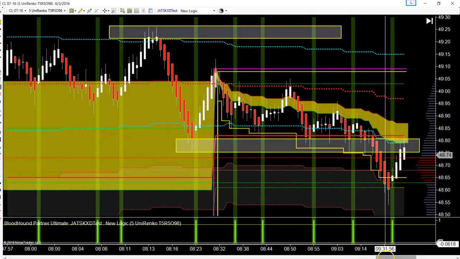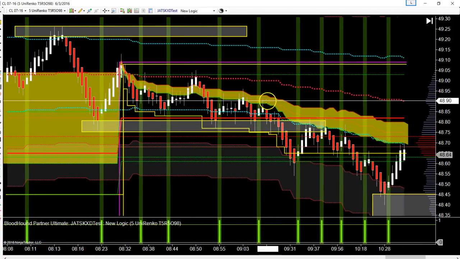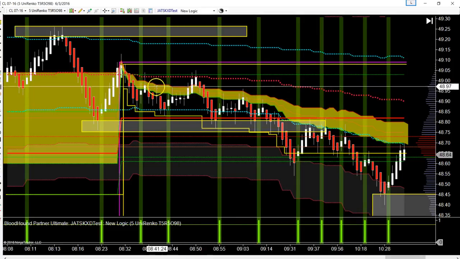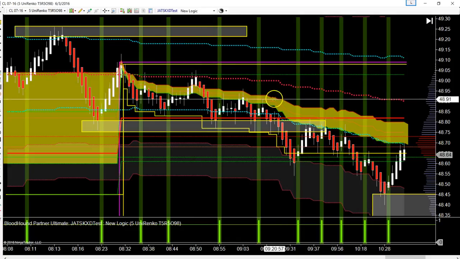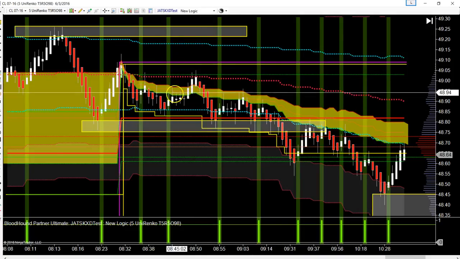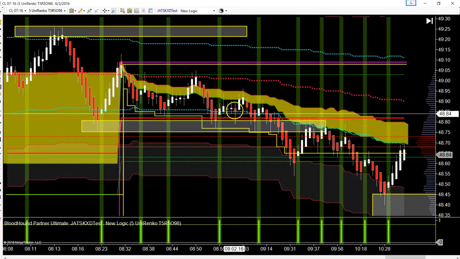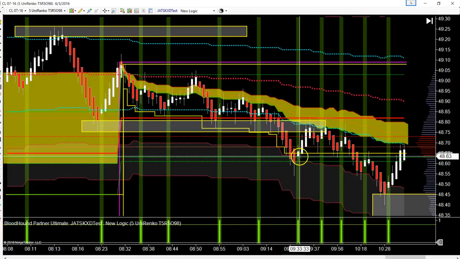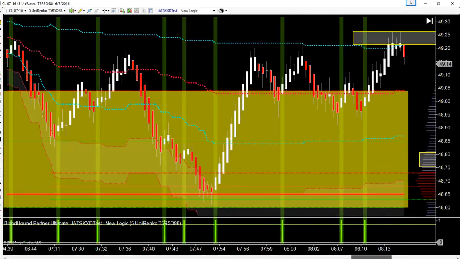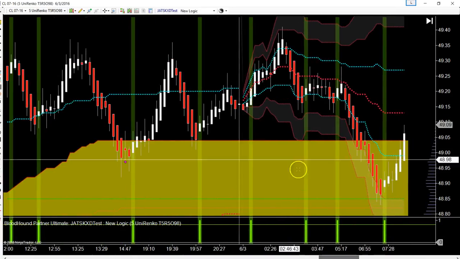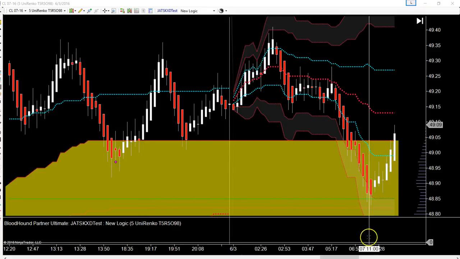And as you see, these shorts got to the river of gold and then came back. These two did not work out, but they did inflect. Let me turn the logic off so we can see the board.